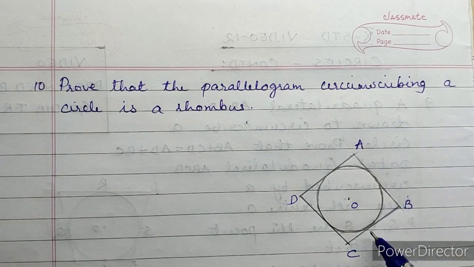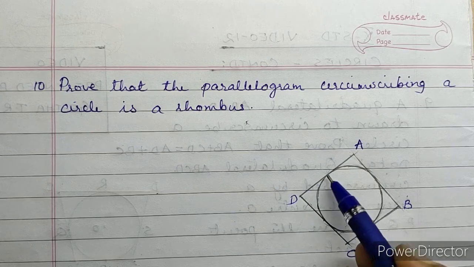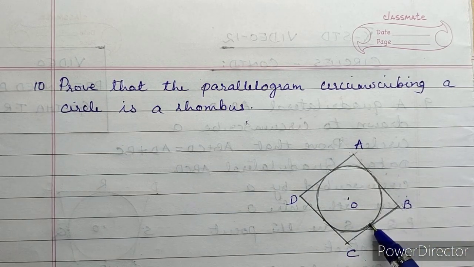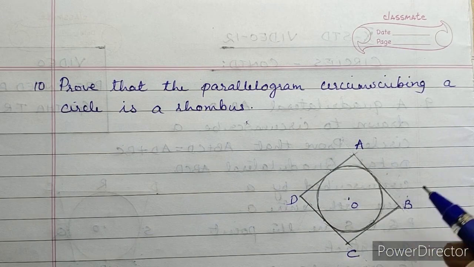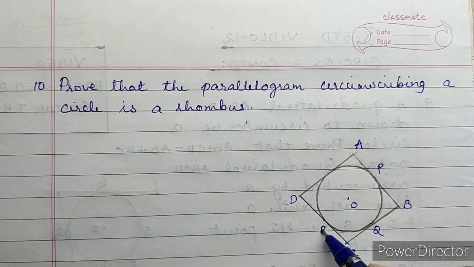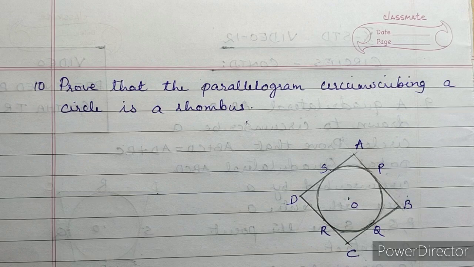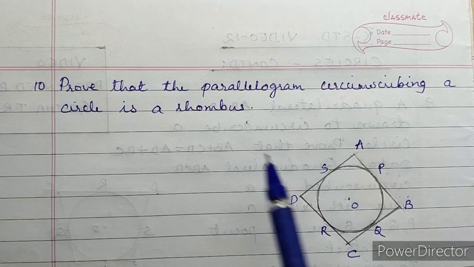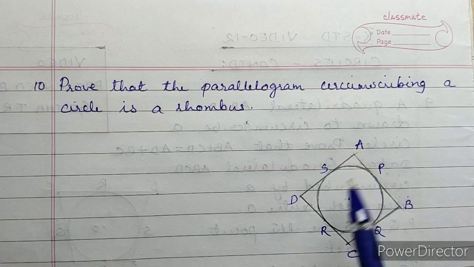Now you have to mark the points of contact. See, on all four sides you get one point of contact. So mark them as P, Q, R and S. Exactly similar to the previous sum. So instead of the quadrilateral, here it is a rhombus, or you can draw a parallelogram.